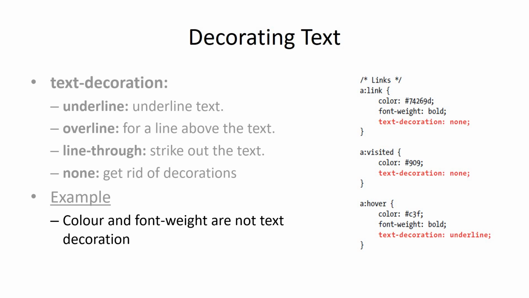Color and font weight are not text decoration, and you can easily tell because when you're setting color, you do not use the text decoration property. So text decoration none will not affect the color or font weight formatting.